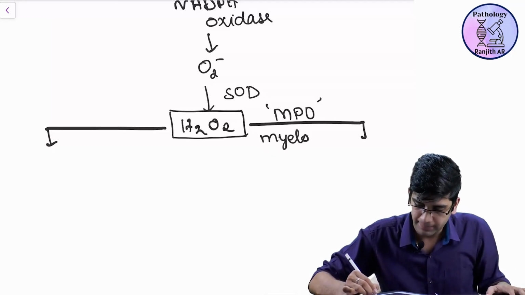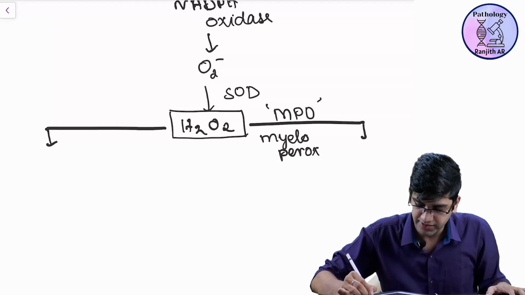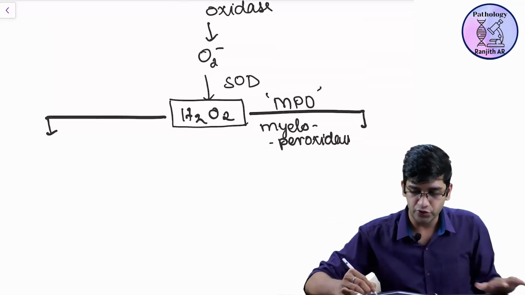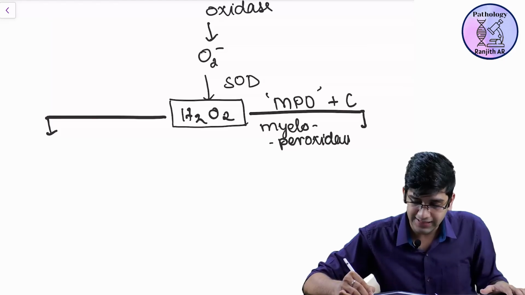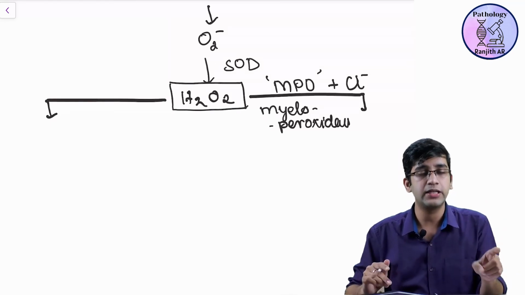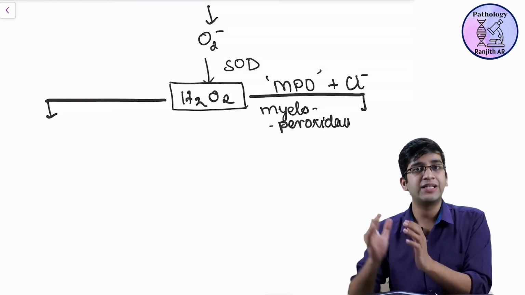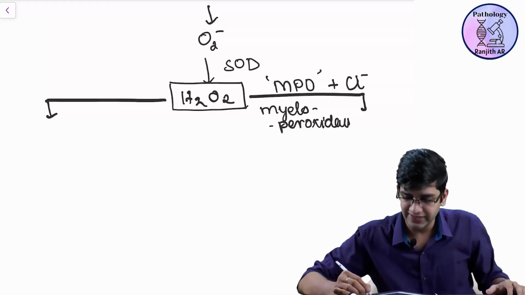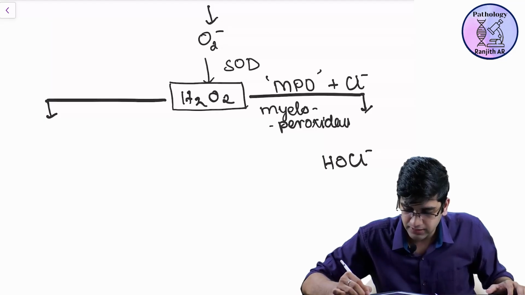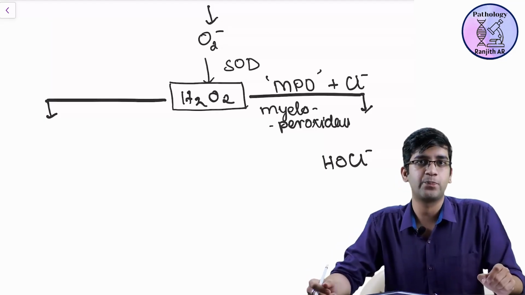MPO is myeloperoxidase. With the help of myeloperoxidase, hydrogen peroxide will combine with chloride ion and I will form HOCl, hypochlorite anion.